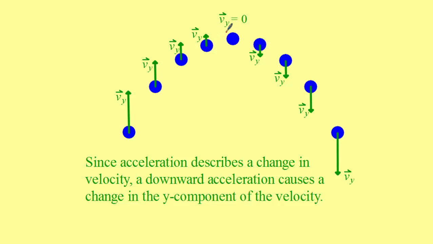And this makes sense because if you were to throw a ball straight up into the air, it gets slower and slower until it reaches the top of its motion, at which point it has a zero y component of its velocity. And then as it goes down, it gets faster and faster and faster. So each of the magnitudes of the velocity y component arrows gets larger and larger as you start going down. So the y component of the velocity is always changing during a projectile's motion.